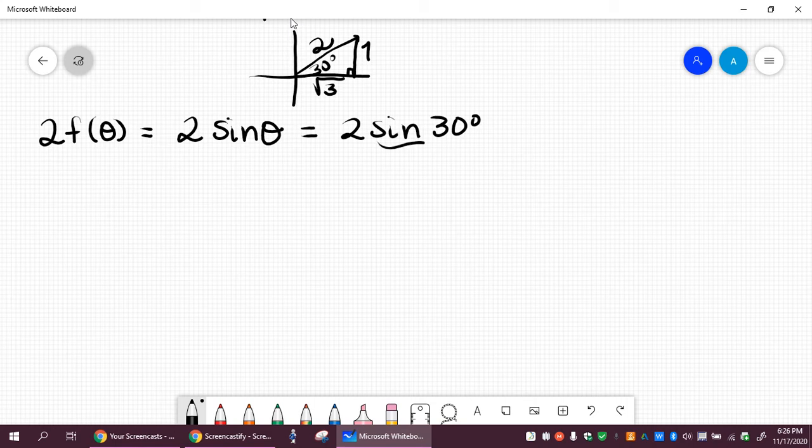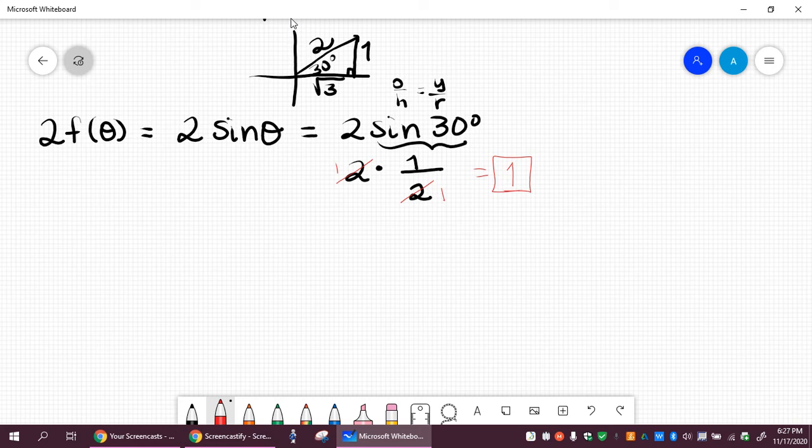The ratio for sine of 30 is opposite over hypotenuse, or y over r. So we're going to have 2 times the y value, 1, over the hypotenuse, which is 2. Which gives us 2 times 1 over 2. You could go ahead and reduce right here, this is 1 and this is 1, so our final answer would be just 1. And that's our final answer.